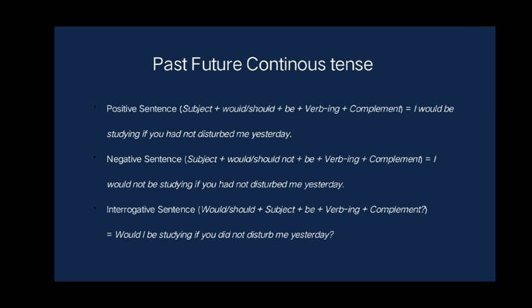It is used to show an action that will be performed in the past and will last until a certain time in the past. This tense emphasizes the duration of the action. For a positive sentence, the formula is subject plus would or should plus be plus verb-ing plus complement. For example, I would be studying if you had not disturbed me yesterday.